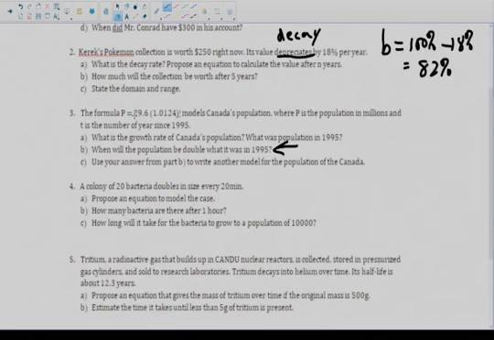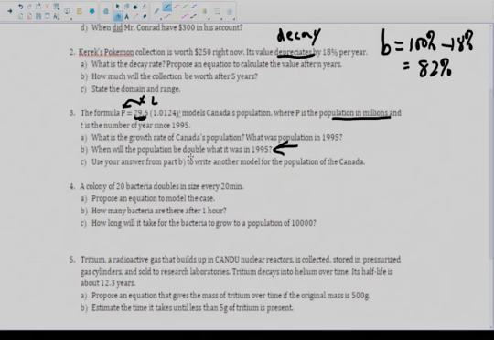This is your original population, 29.6, but this is a population in millions, okay? So it actually means 29.6 times a million, all right? But if the population doubles, what is going to be your final population? Well, you just multiply that by 2, right? So those are the types of wordy problems that are going to come up.